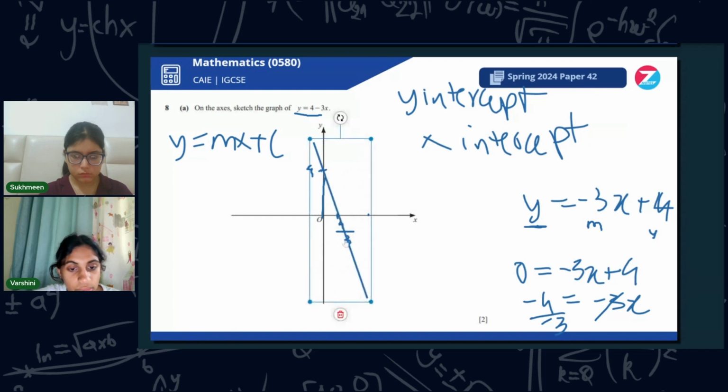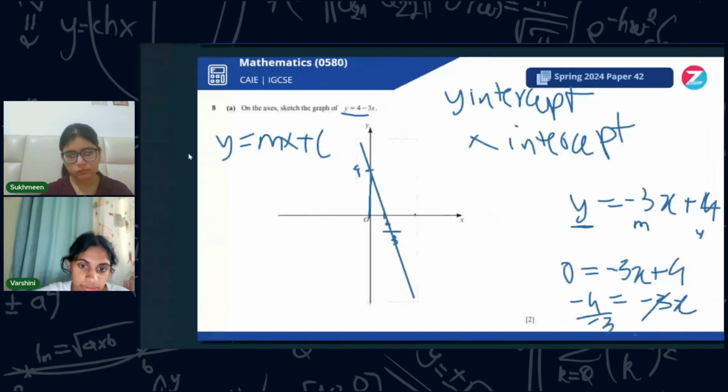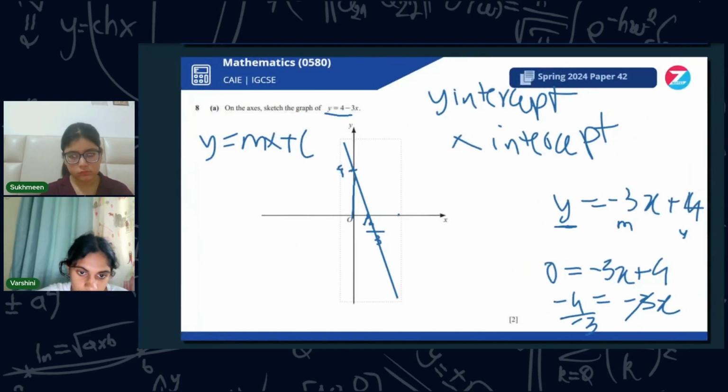But remember, don't obscure the values that you've written. You need the examiner to see those. So write it outside, 4 by 3. And get rid of anything that looks messy or unneat when you're actually doing it.